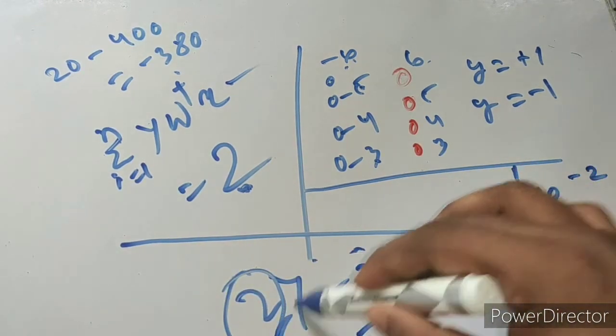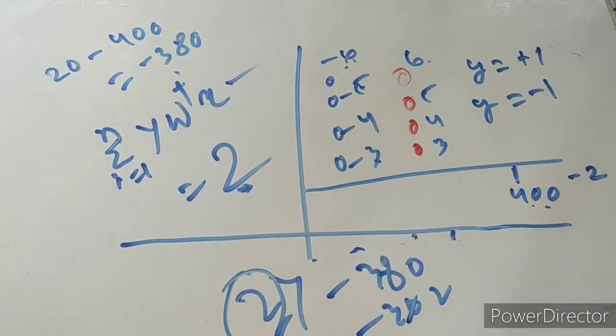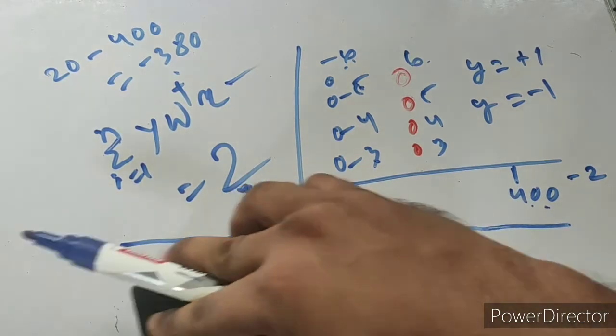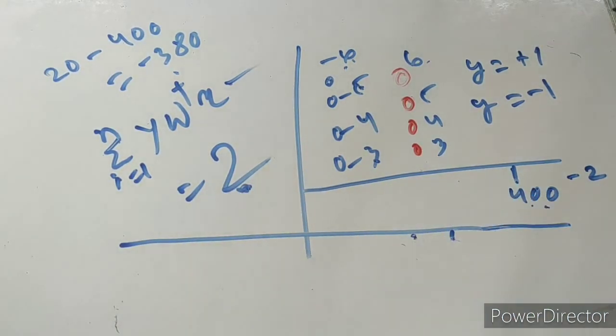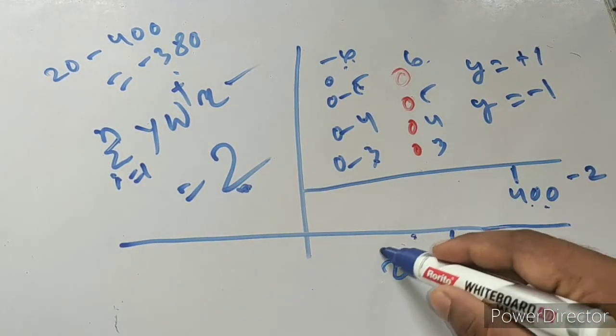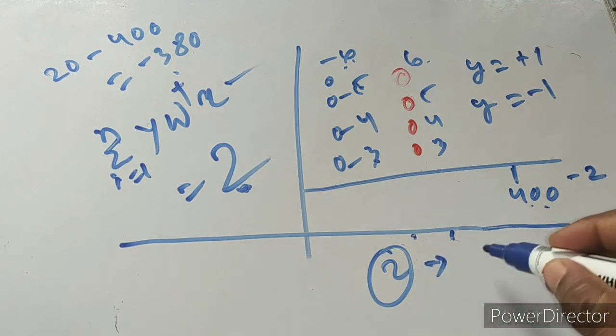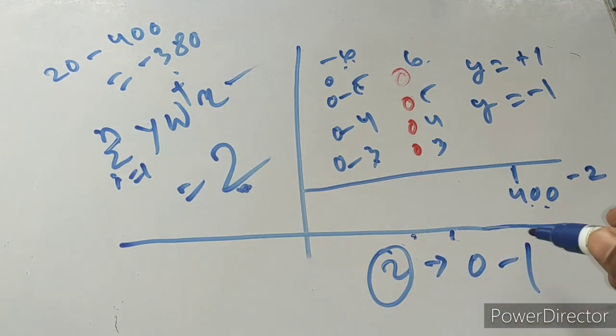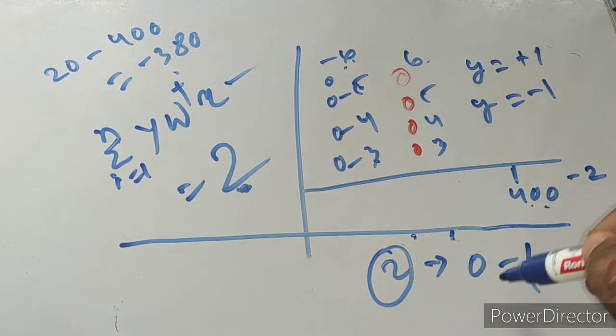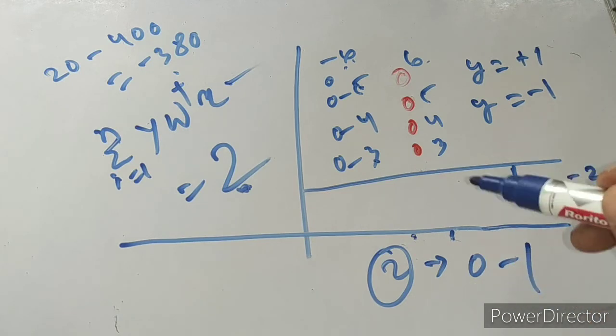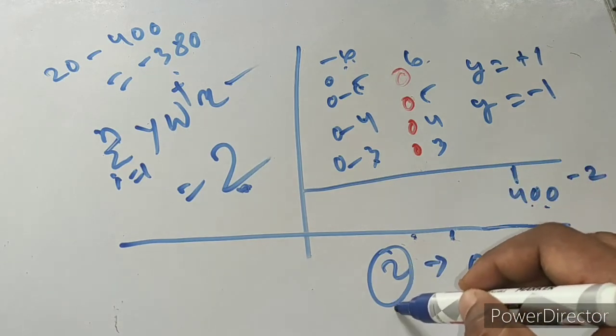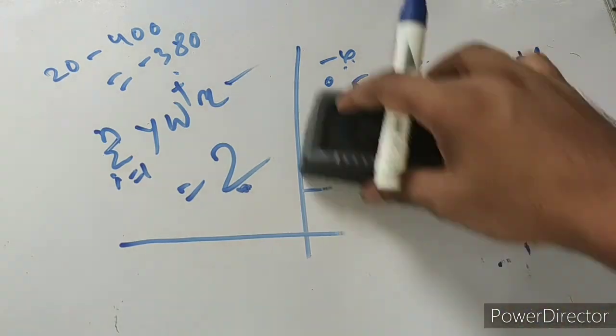So this value 2 has to be considered as our updated weight, and now this 2 will be converted into 0 to 1. This 2 must have a value between 0 to 1. And how this will be considered, I'll tell you.